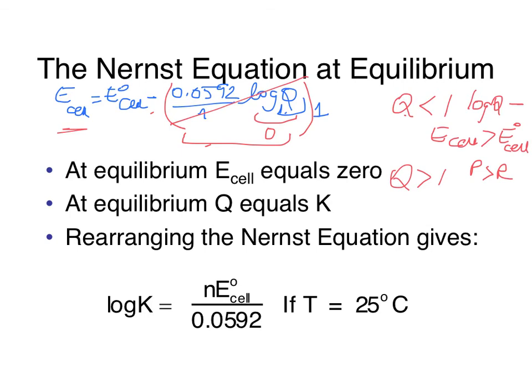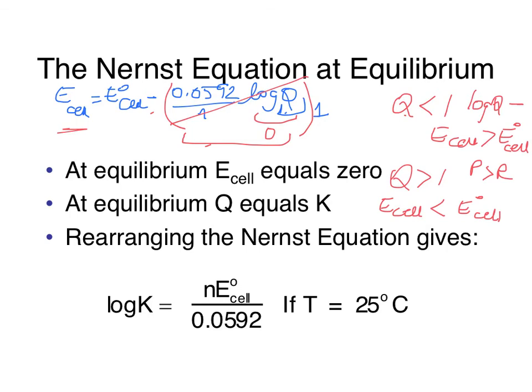So the backward reaction is going to be more predominant. That's what you expect in terms of equilibrium. And so E cell is going to be less than E naught cell. But what happens at equilibrium?